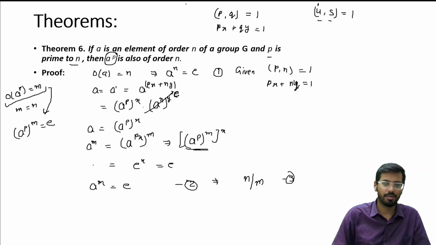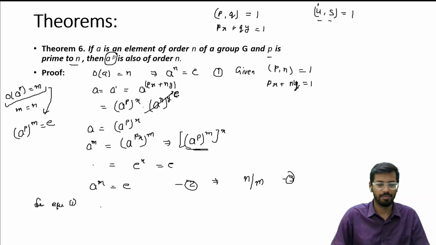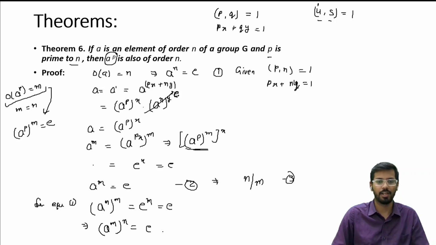Or from equation 1, we can take power m on both sides, that is equal to the identity element, and e raised to power n will be equal to the identity element. So from this we can say a raised to power m raised to power n is equal to the identity element.